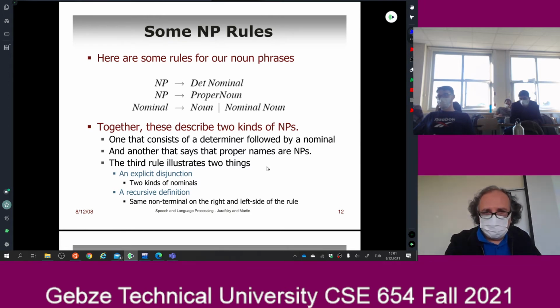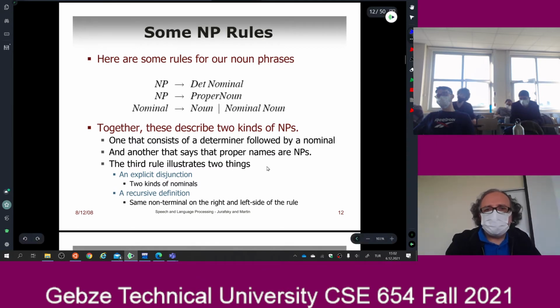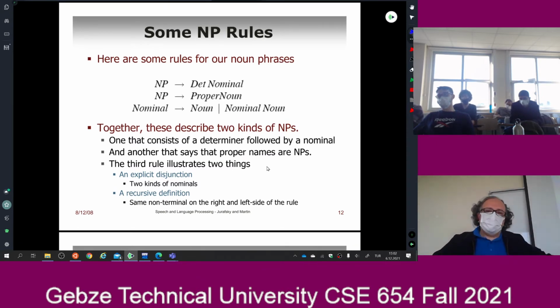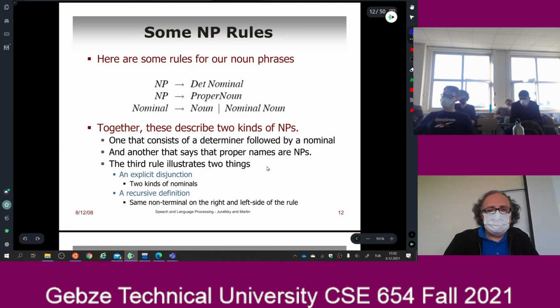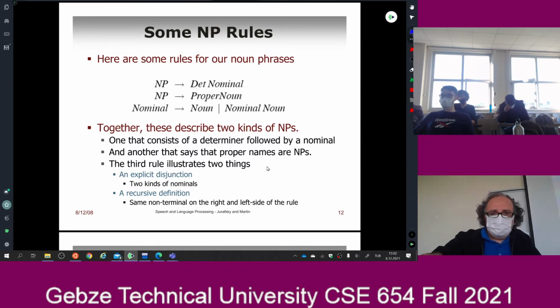If you notice, this is recursive, and it is okay with us in terms of context free grammar rules. No problems here. So recursive, I can define a very, very long noun phrase, and this is the base case for the recursive rules.